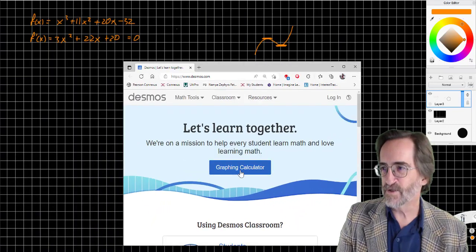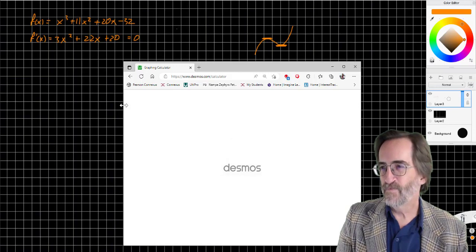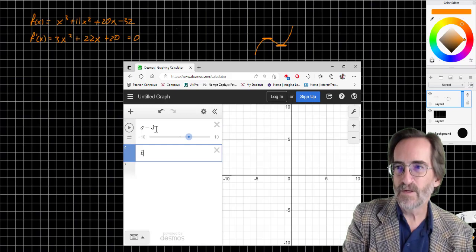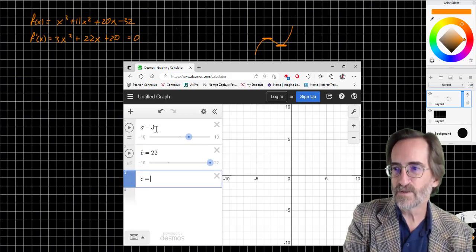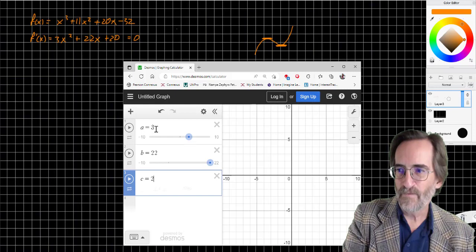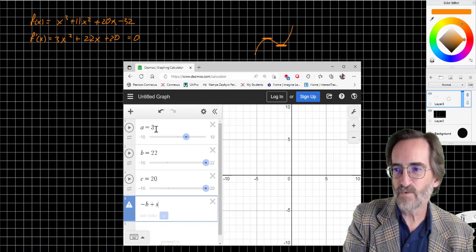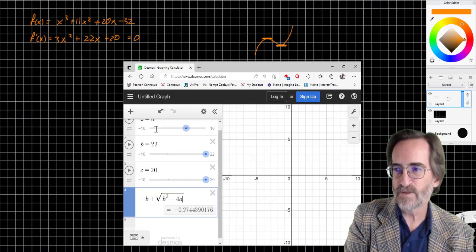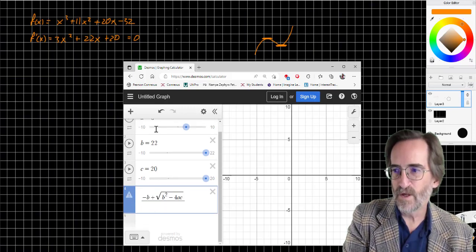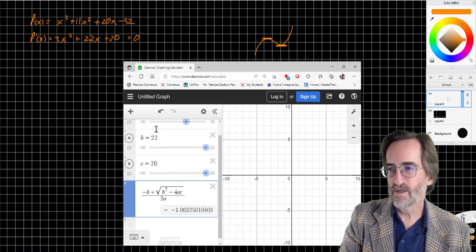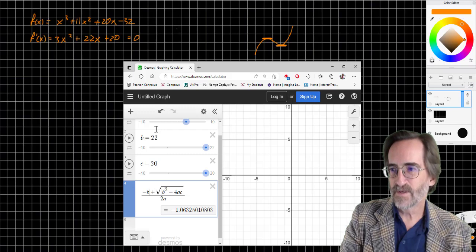I feel like Mickey Mouse Clubhouse. Oh, Toodles. Oh, Desmos.